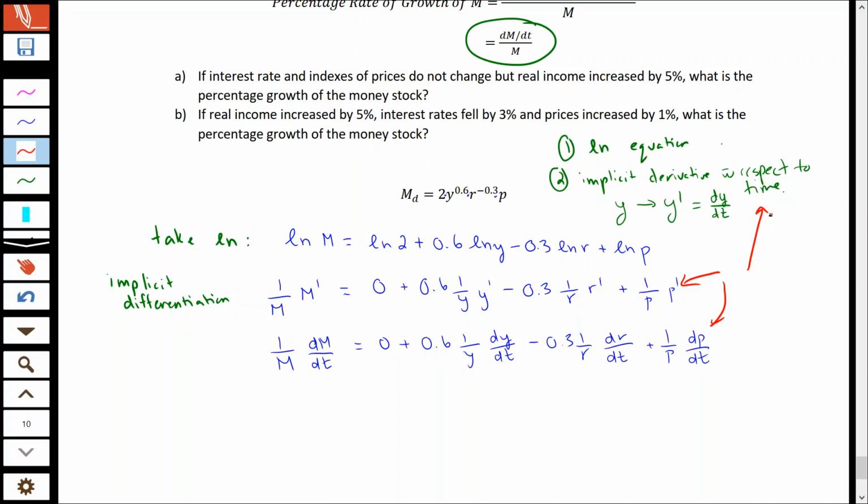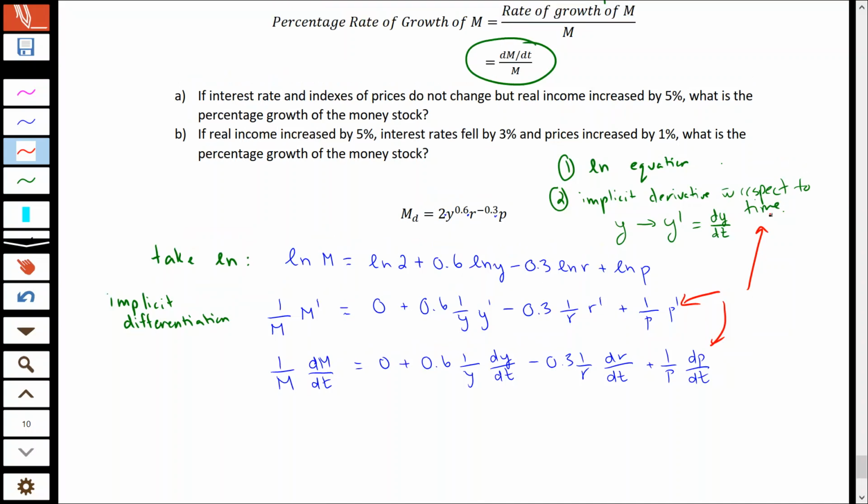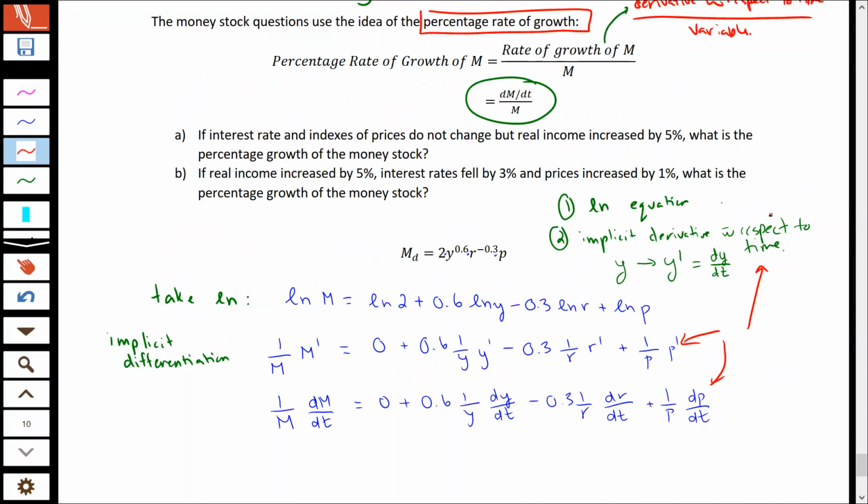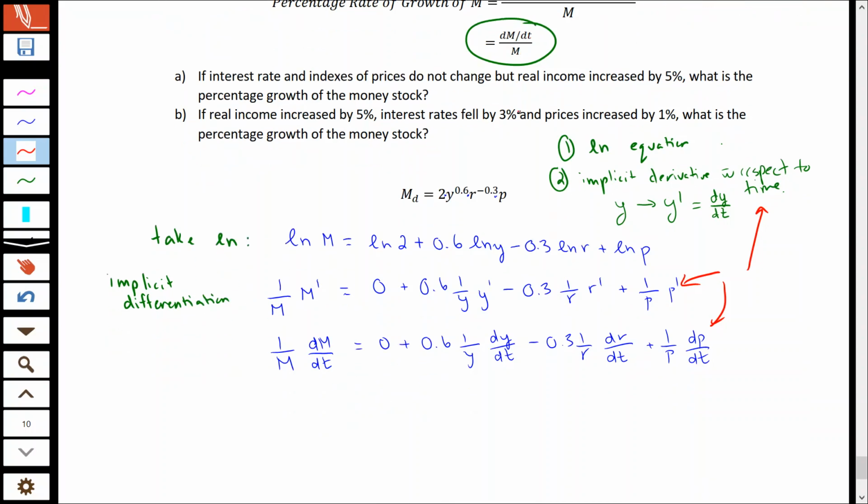And the amazing thing about this, if we look at our function, remember, the percentage rate of growth of m is just the derivative divided by m, and that's exactly what we have here.